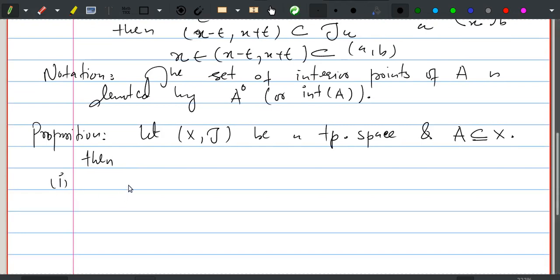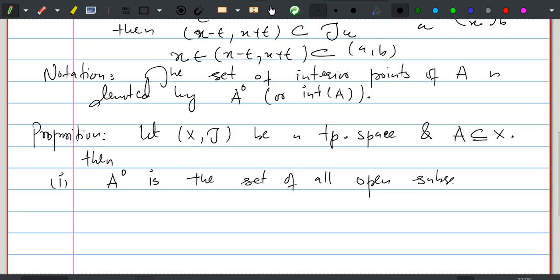First, A interior is the union of all open subsets of A. I mean, suppose A has 10 open subsets, then A interior is the union of those subsets; it is the union of all open sets lying in A. Second, A interior is open.